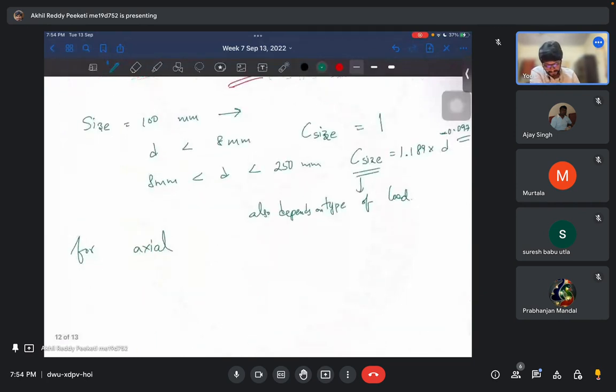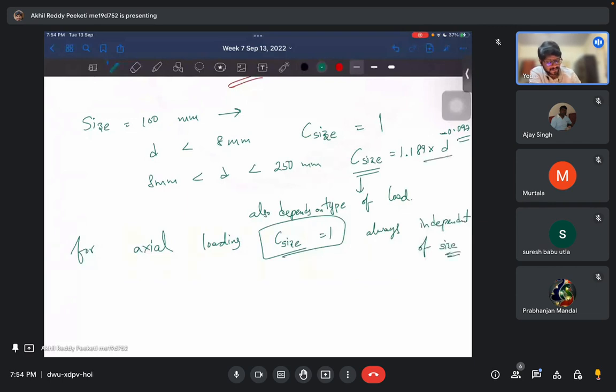Okay, so for axial loading, C size is always 1, independent of the size. So this equation is not valid when it is an axial loading. In other cases it is valid. So here C size is 1.